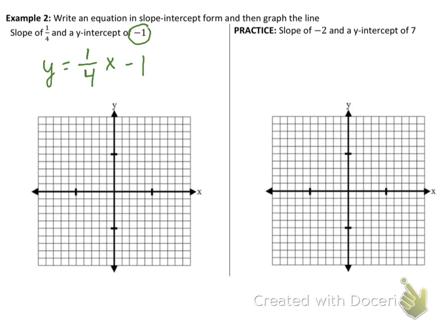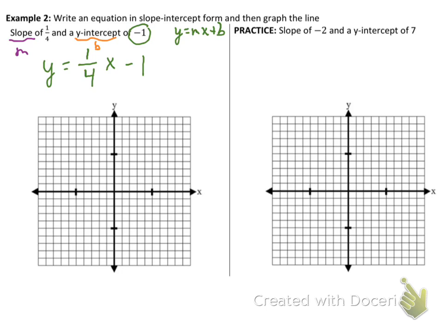So remember your y-intercept here, that's your b value, your slope is your m value, and you're trying to get this into y equals mx plus b. So now I got y equals 1/4 x minus 1.